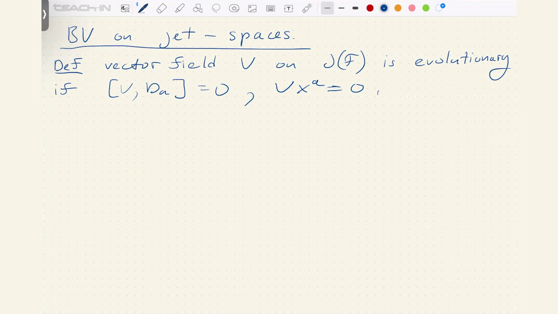Okay, these fields are very useful because indeed they correspond to certain transformations. That's why they are called evolutionary.